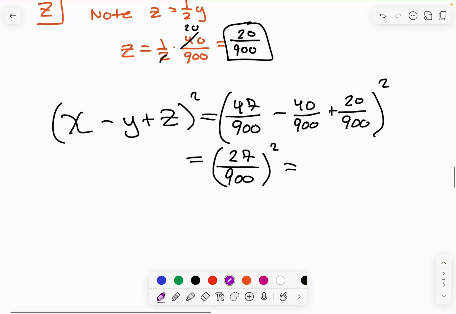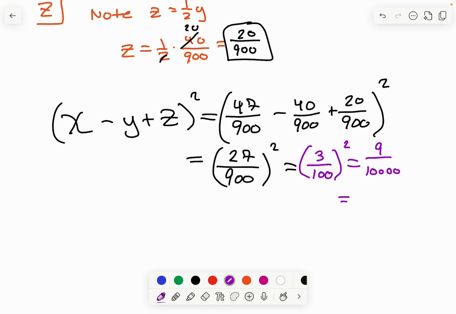Maybe I can reduce. So I think 9 goes into both of these, right? 9 goes into 27 3 times, and 9 goes into 900 100 times. So this is 3/100 squared, so it's 9 over 10,000.